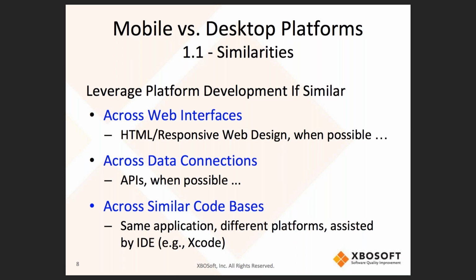So as we're talking about a given application, it could be an iPhone application, but it could also be an iPad application. And let's say Xcode as an example, Apple's IDE will allow you to easily test across those different platforms and be able to optimize your code accordingly.